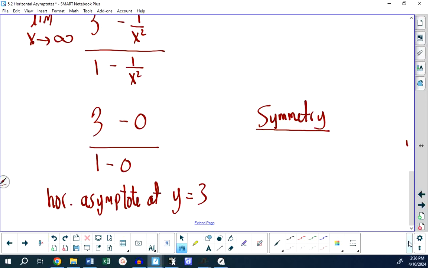What about the symmetry? Well, the function is f of x equal to 3x squared minus 1 over x squared minus 1. I would like everybody to determine whether that is odd, even, or neither.